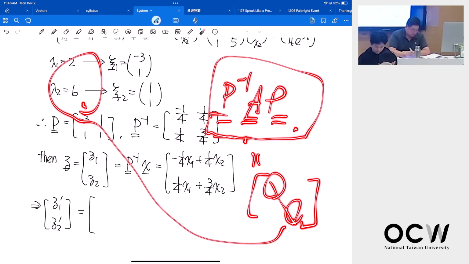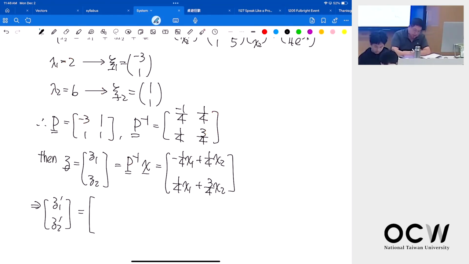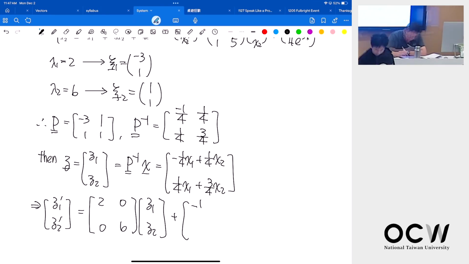So the first element should be 2, and the second one 6, times z1, z2. And then P inverse g, which you need to calculate.